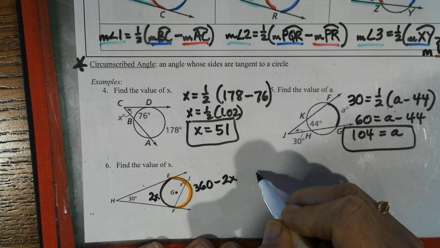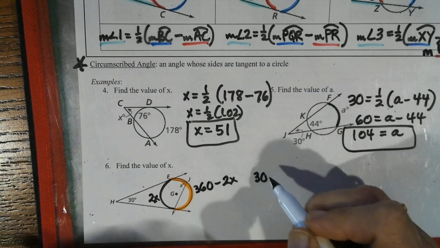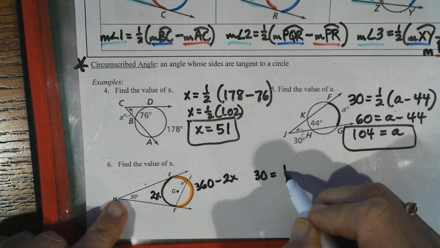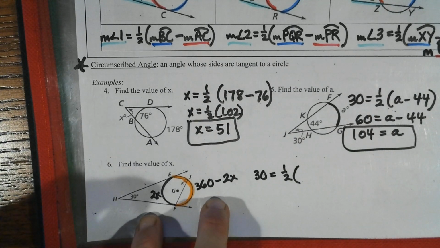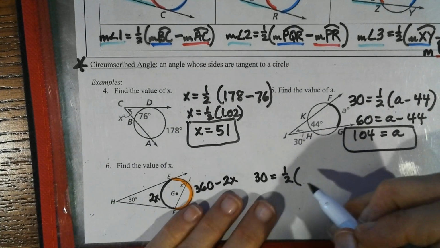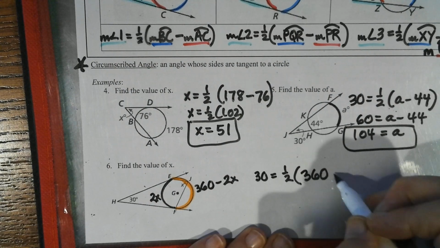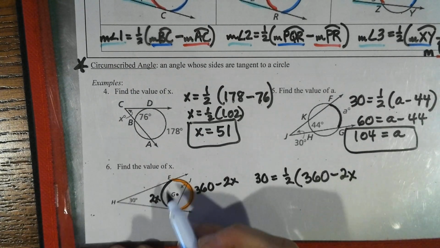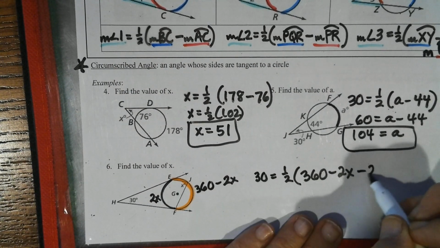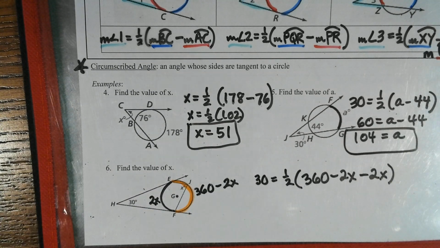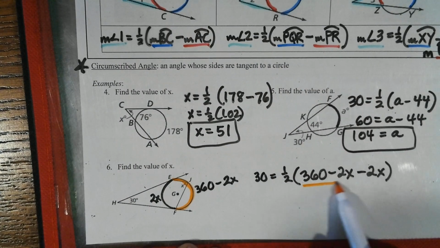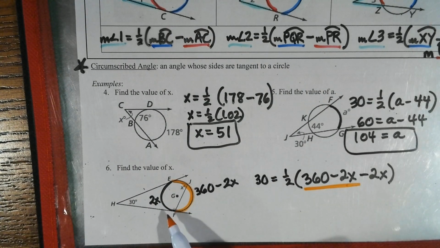Here's the theorem: 30 is equal to 1/2 the difference of these 2. So this is 360 minus 2x, and I'm going to subtract 2x. This is the big orange arc, and this is the little black arc.